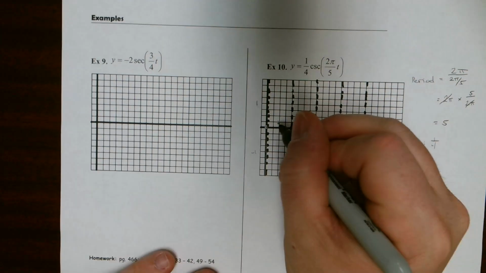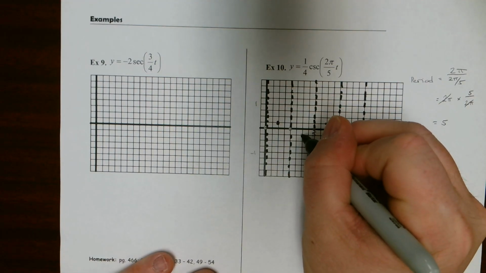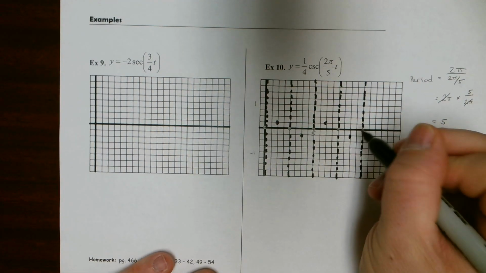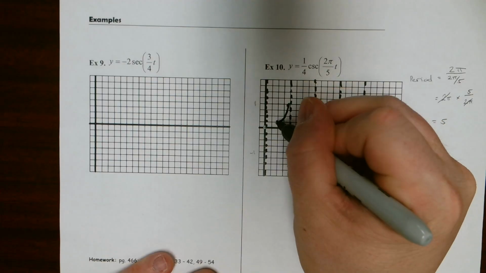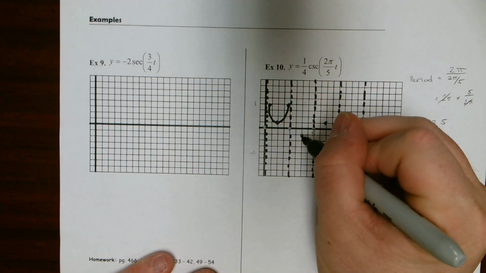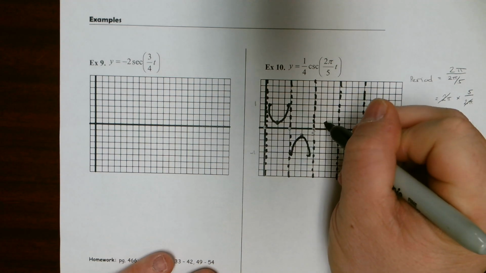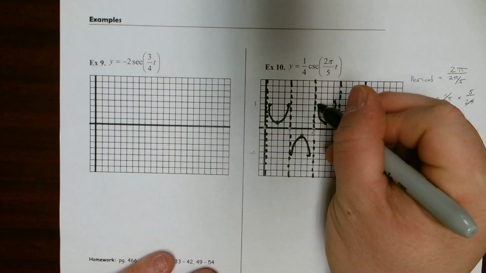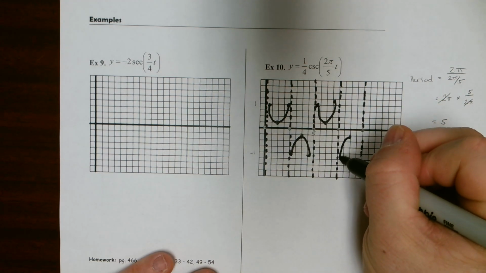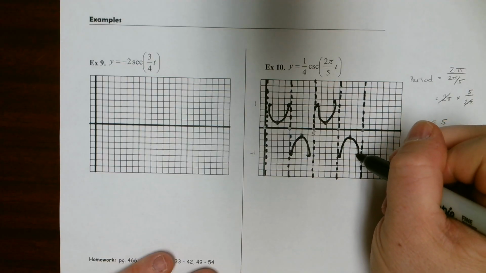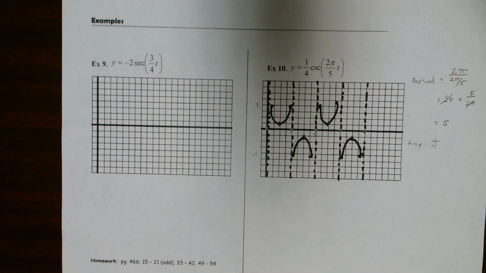We know that our peaks are going to stay our peaks and our valleys are going to stay our valleys. And then we just need to reciprocate those values. Maximums open up and minimums will open down. That's simple. And there we have our graph of cosecant.